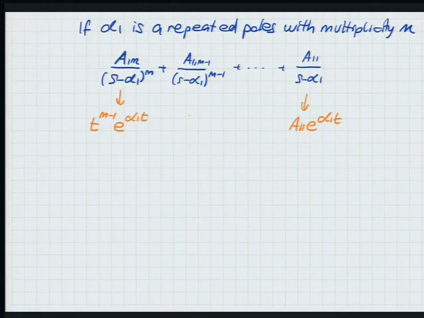So an exponential term multiplied with a polynomial term. And this one will give you t to the m minus 2. I'm basically taking the power and subtracting 1 from it, because when the power is 1, we have t to the 0, which is 1, e to the alpha 1 t, etc.